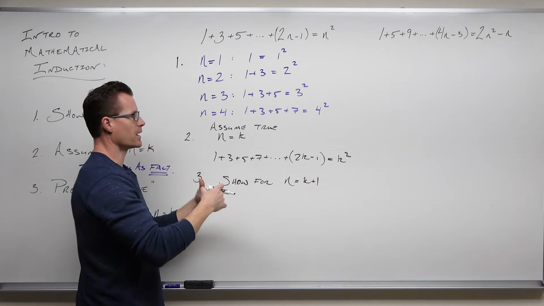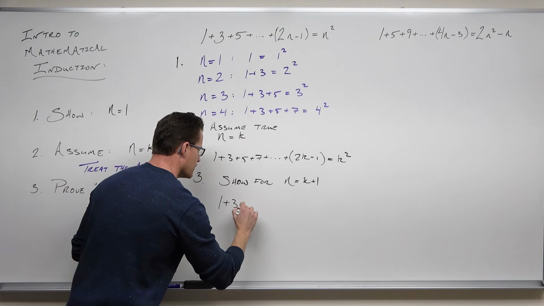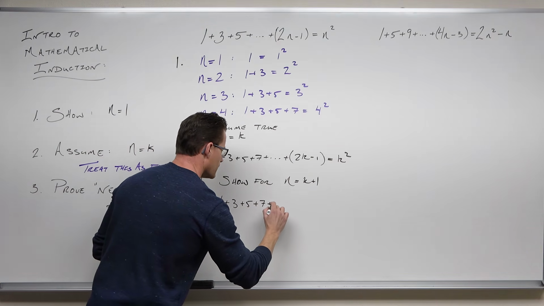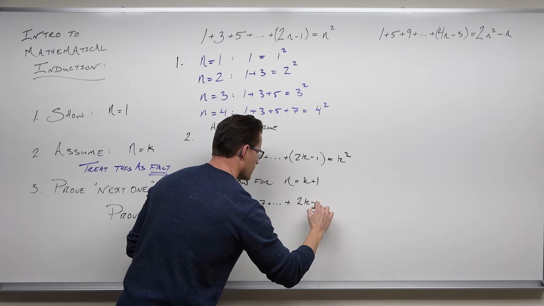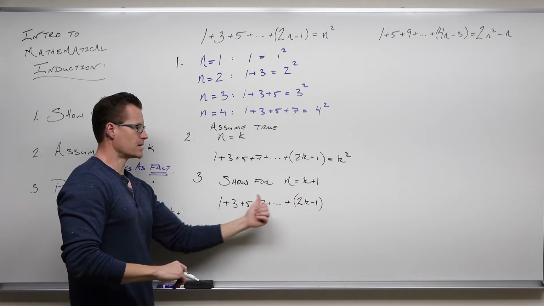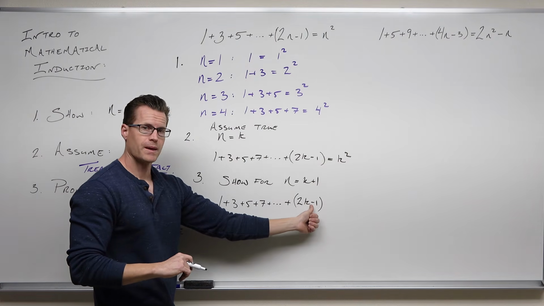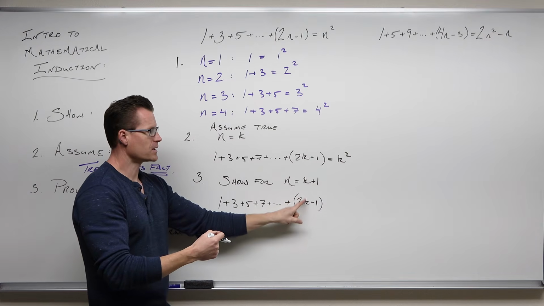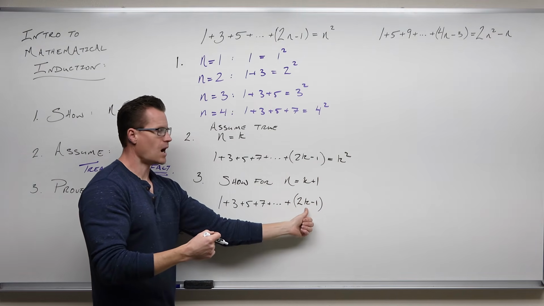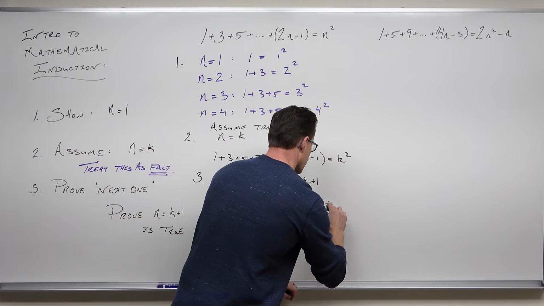We're going to take this and go, okay, if I stopped at k, I would stop at 2k minus 1. But if I go to the next term, now I'm not going to plug in k. I'm going to plug in k plus 1 to there.